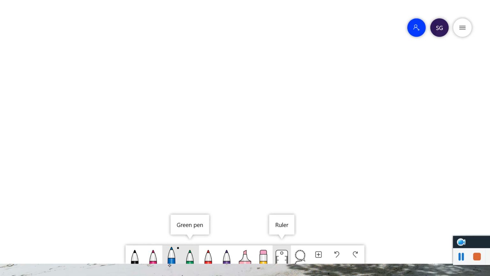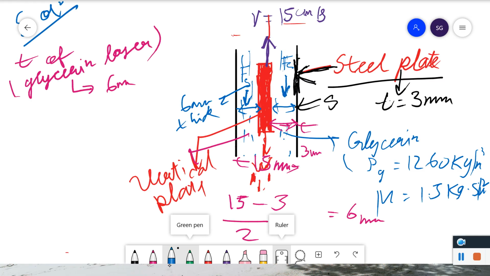Now we have to calculate the shear force exerted on it. Let's find out the shear stress first.